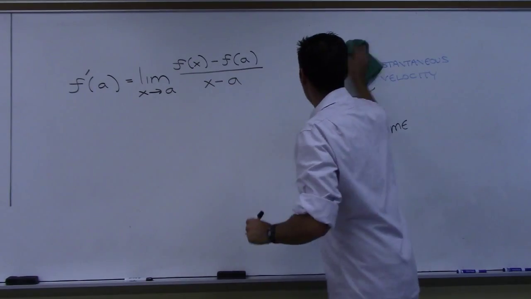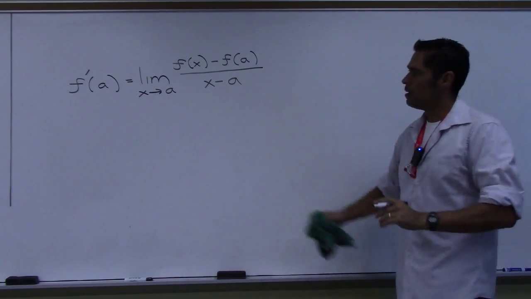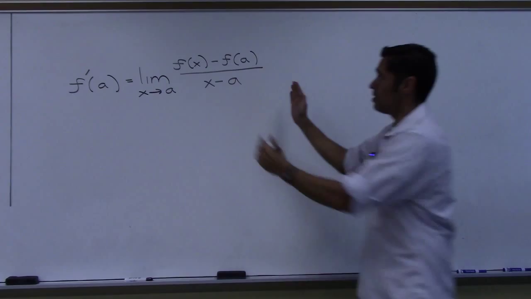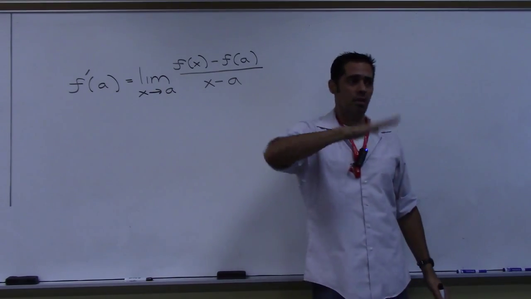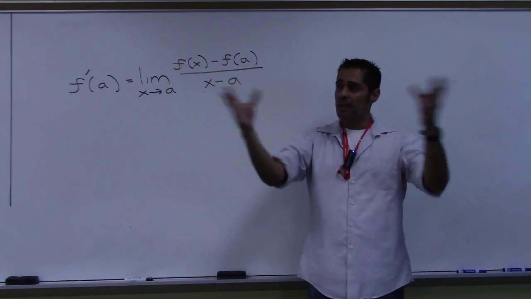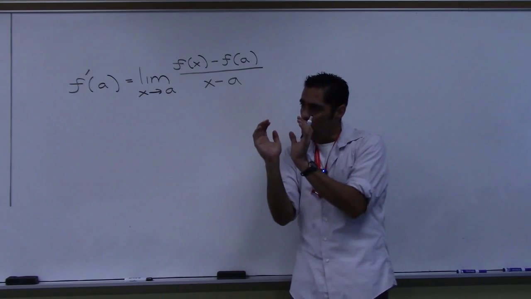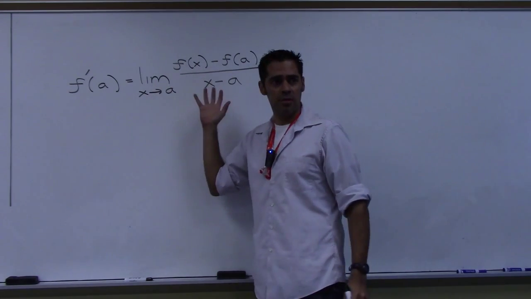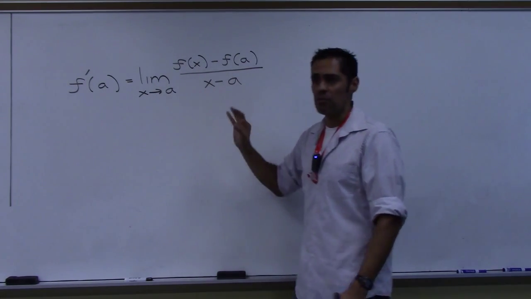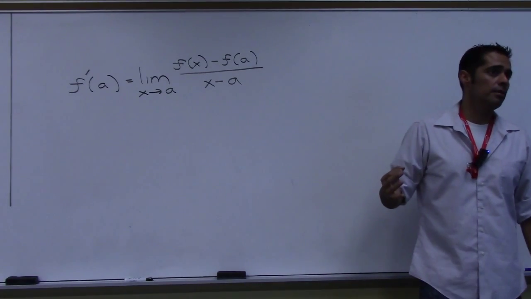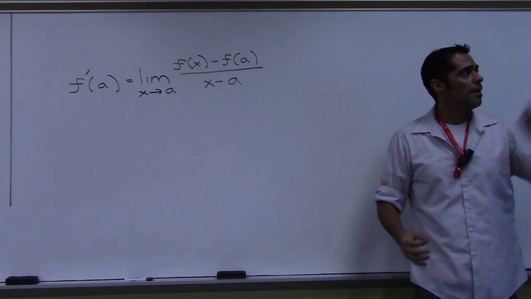Okay, that limit comes up so often. And this limit is just the slope of the tangent line. That's all it is, right? It's not the entire equation of the tangent line, but it's just that slope part. That thing is so important to us that we have a special name for it, we have a special notation for it. And it's right here.